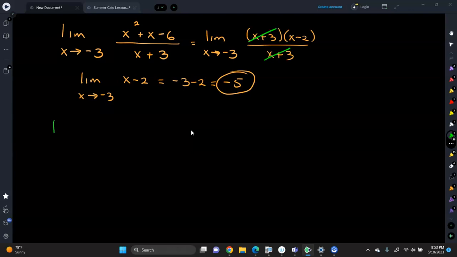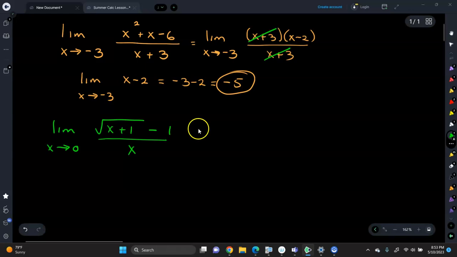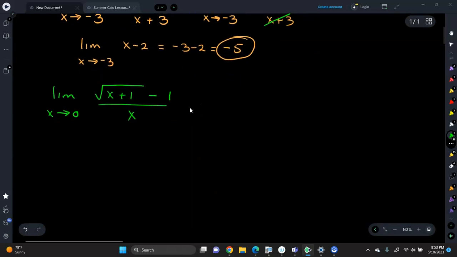So let's look at the limit as x approaches 0 of (the square root of x plus 1, minus 1) over x.